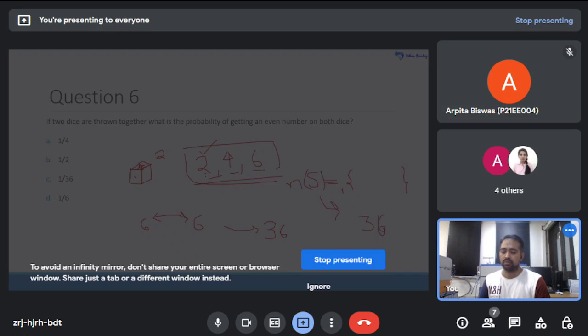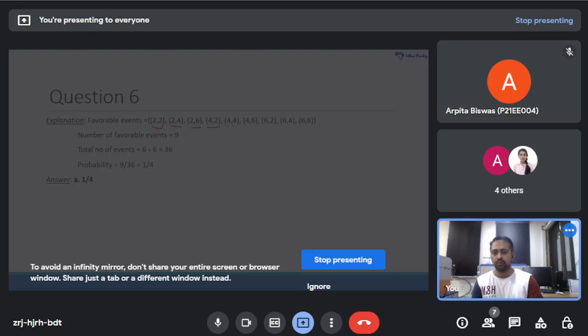So there will be 3. Then for 4, similarly, so we can have 3 multiplied by 3. So total, we can have 9 such events which are in our favor. See, it can be 2,2; 2,4; 2,6; 4,2; 4,4; 4,6; 6,2; 6,4; 6,6.